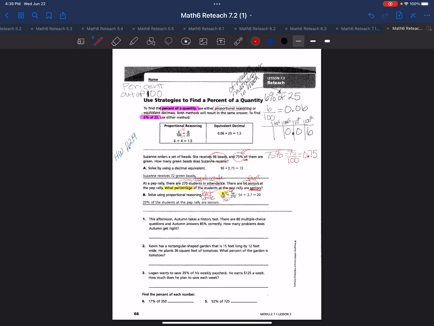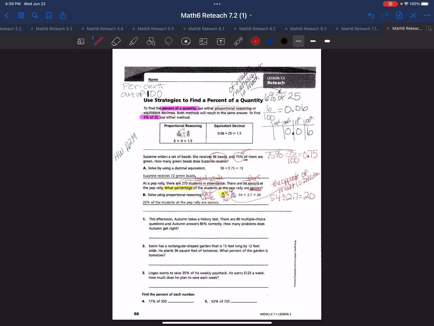And when we're figuring this out, I know the opposite of multiplication is division. So because the percent is unknown in that square, they're taking 54 divided by 2 and 7/10 equals 20. So 20% of the students at the pep rally are seniors.